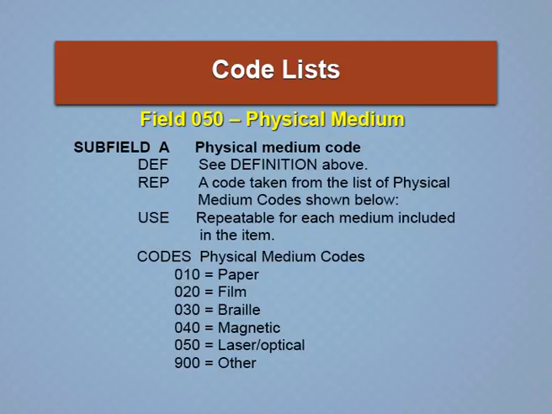So, these are the coded values available. If a particular document has two manifestations, as I already told you, a thesis may have a print version as well as the full text version on a CD-ROM. There we have to repeat the 050 because it is a repeatable field, and we need to use the codes.